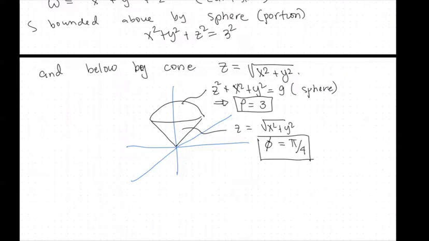Now, of course, we know that, because we get the entire revolution here, so this is the shadow, your theta will run from 0 to 2 pi, the entire thing. And then your phi will run from 0 to pi over 4.